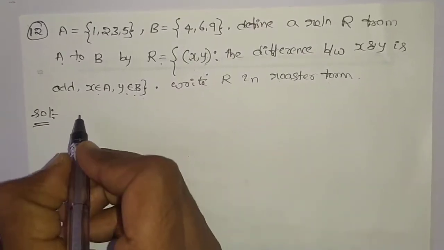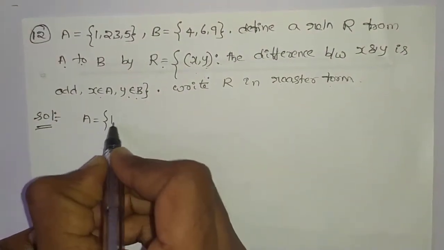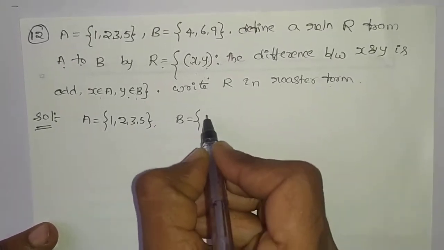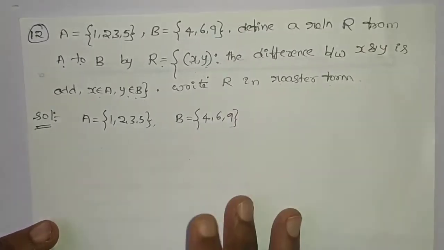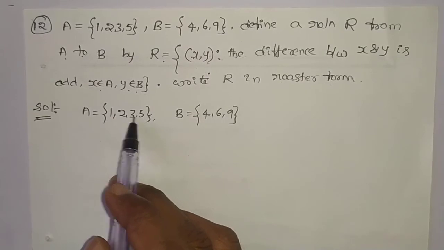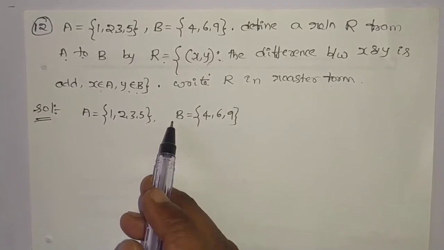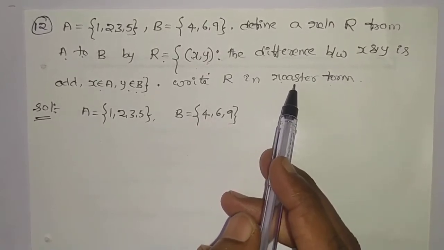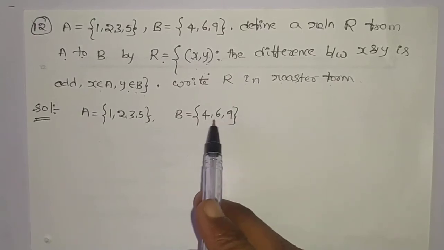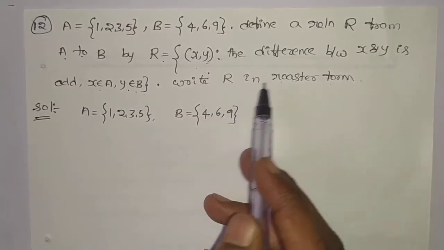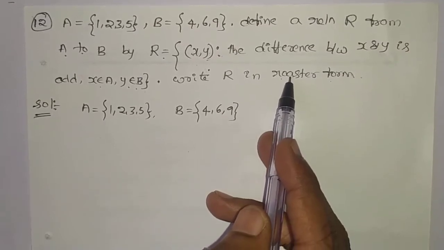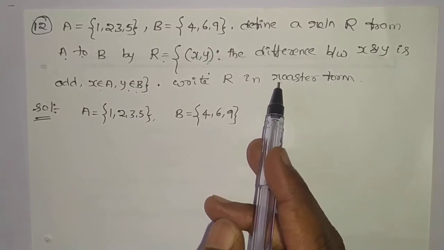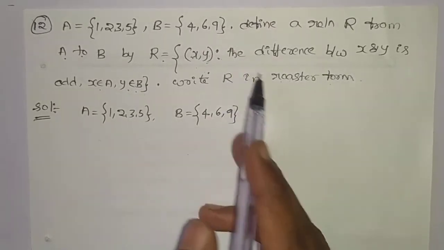First, write down the given sets. A equals 1, 2, 3, 5. For this problem, no need to find A cross B. Kindly keep it in your mind. To write the roster form, we need A cross B. If we have A cross B, then we can easily find the roster form. If we don't have A cross B, we find it a little bit difficult to write this relation in roster form.